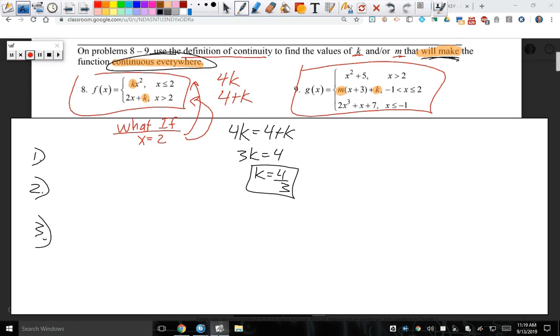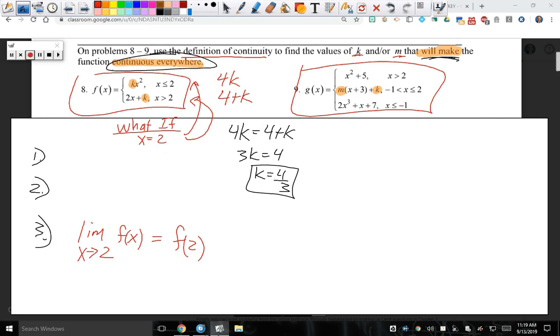So rule 3 has to be true. And if rule 3 is true, we know the other 2 are true. Okay? So here we go. The limit of f of x as x is approaching 2 is equal to f of 2. That's where we start.